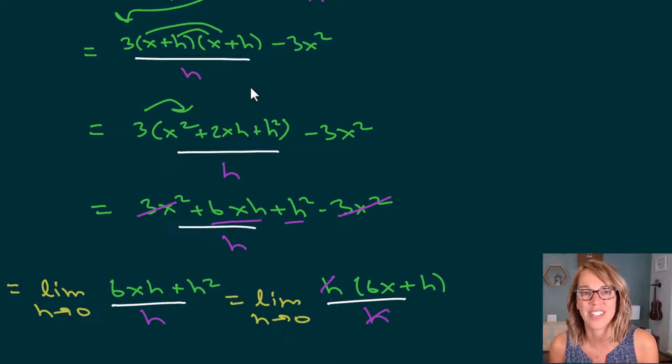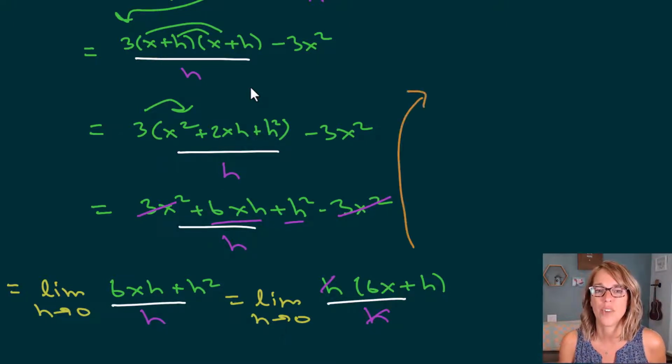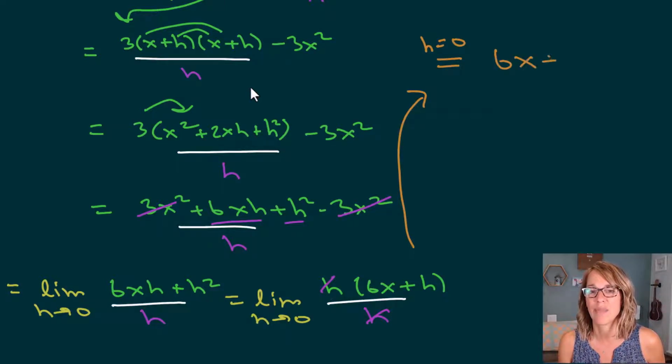This is no longer discontinuous at 0, so I'm ready to transition over to direct substitution. So I'm going to go ahead and replace h with 0. If I do that, I end up with 6x plus 3h, which becomes 6x plus 0. So my limit, my derivative, is equal to 6x.